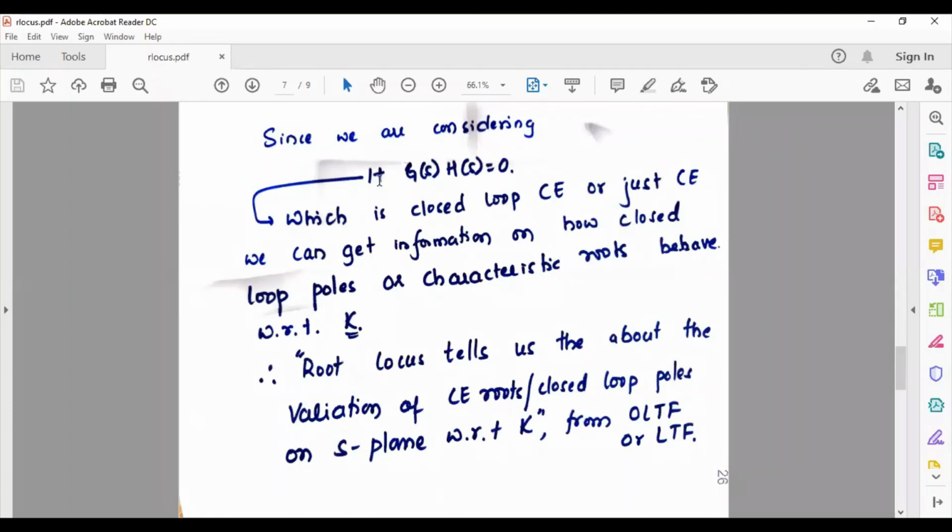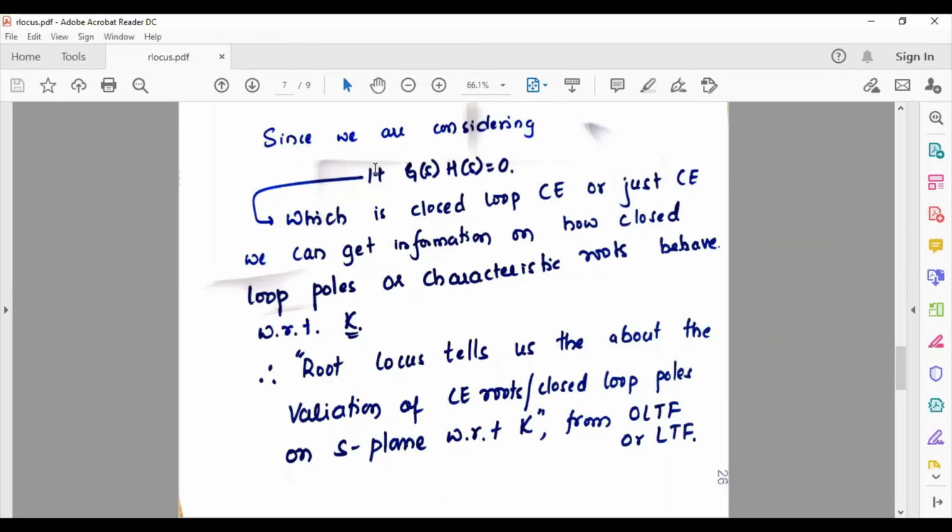Since we are considering 1 plus G(s)H(s), which is the closed loop characteristic equation, just the characteristic equation, we can get information on how closed loop poles or characteristic roots behave with respect to k. So there is a key point here. The question given was only to plot the root locus for G(s)H(s).